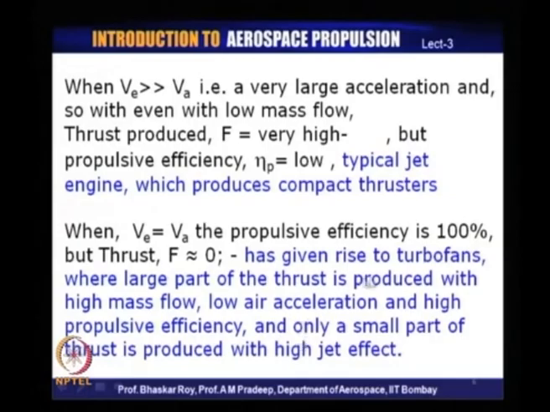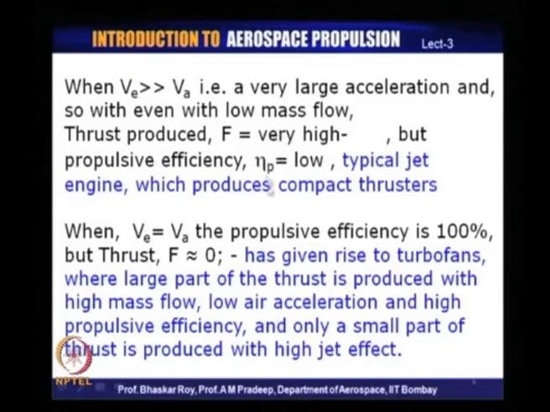And if you have a turbofan, which is a normal jet engine these days, a large part of the thrust is produced this way. That means, with a very large mass of air going through a very small change in velocity, working with very high propulsive efficiency, and a comparatively small part of the thrust is produced by the jet effect, which has a large change in velocity and operates with a comparatively smaller propulsive efficiency.